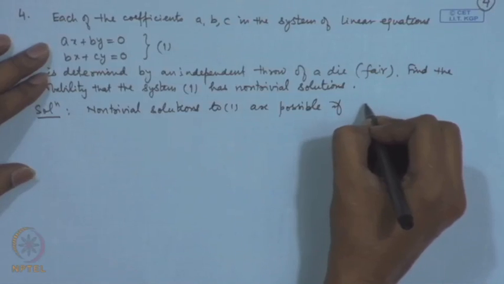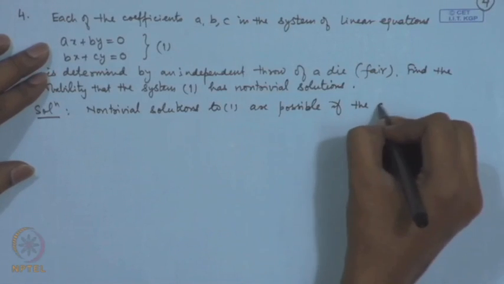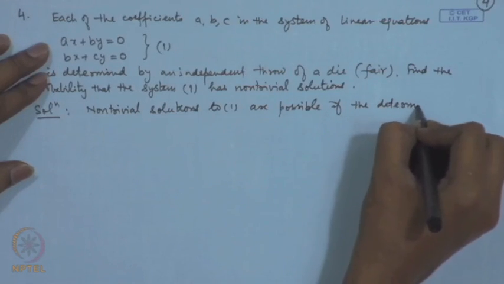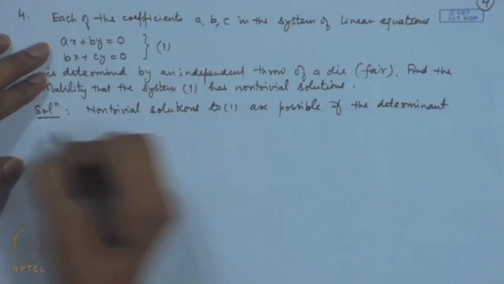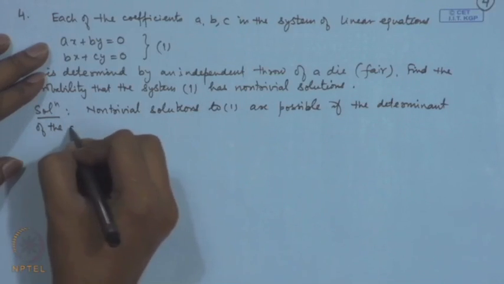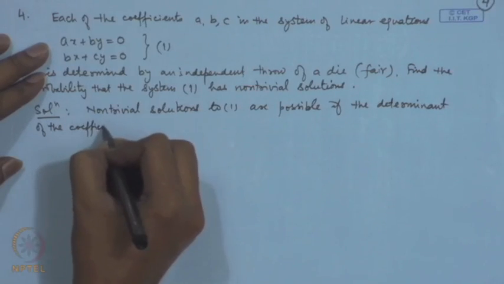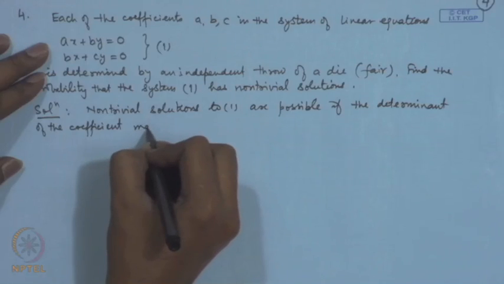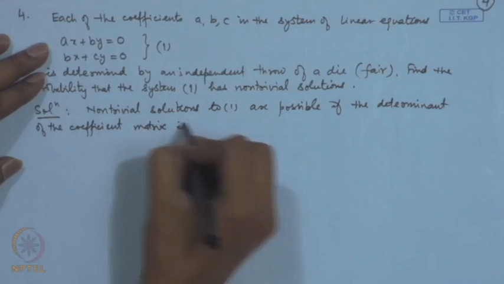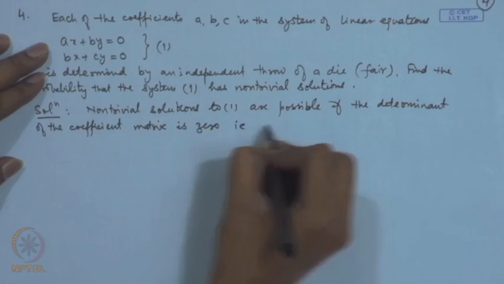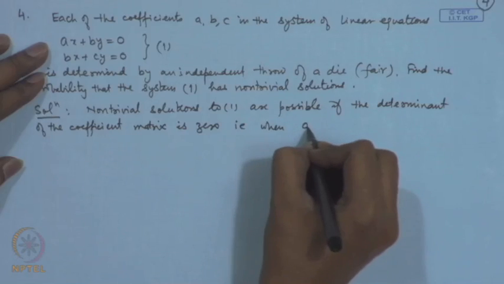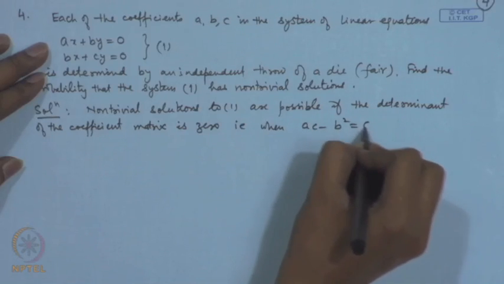So, if the determinant of the coefficient matrix is 0, that is when A c minus b square is equal to 0.